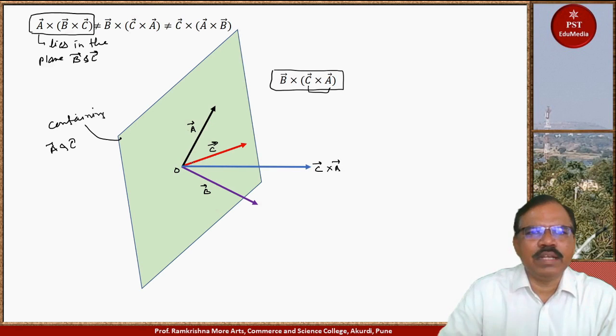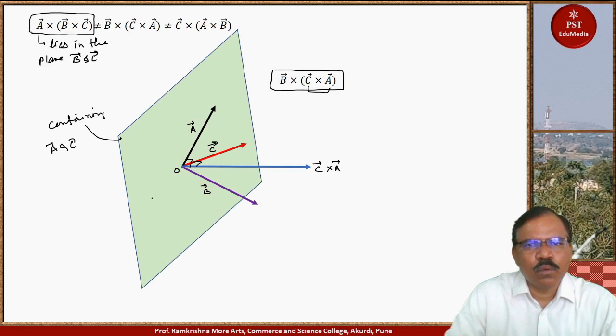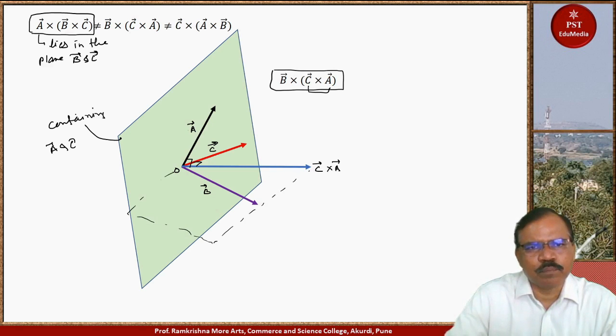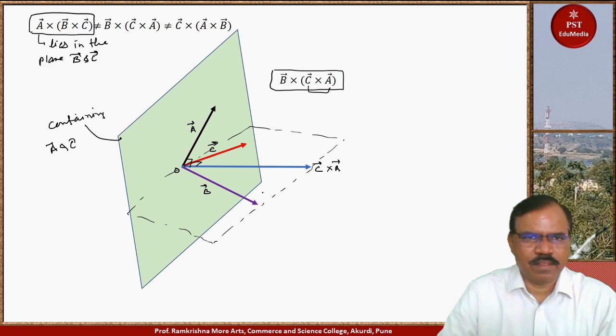Now it is perpendicular to this C and perpendicular to A. Now, what is B cross C cross A? So you can take a plane of these also, plane of these, in which C cross A and B lie. And whatever B cross C cross A, it is perpendicular to B and C cross A. So what happens?